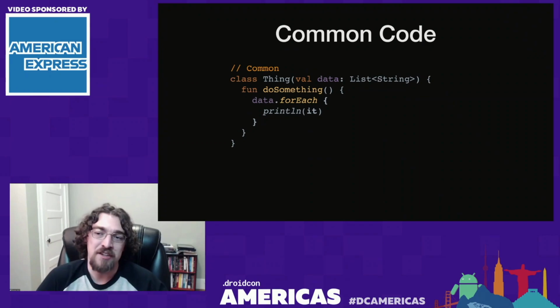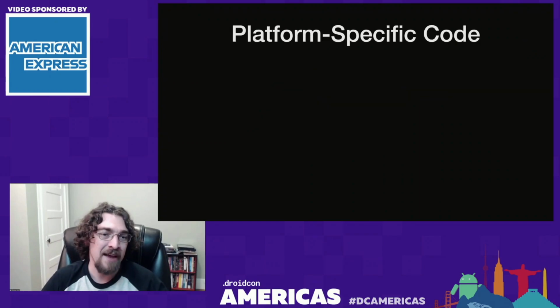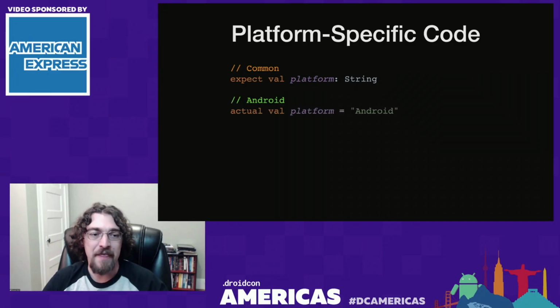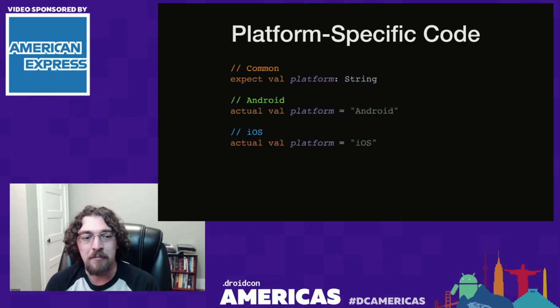But sometimes you do want your shared code to be able to talk to platform-specific things, and there are various ways to do that. The thing that the multi-platform build system adds to the language is the expect actual syntax. Your common code can expect any kind of declaration. Here it's a value property, and then the platforms can inject their own platform-specific implementation of it.